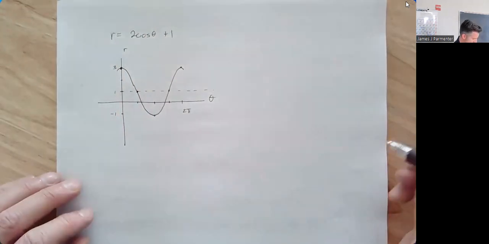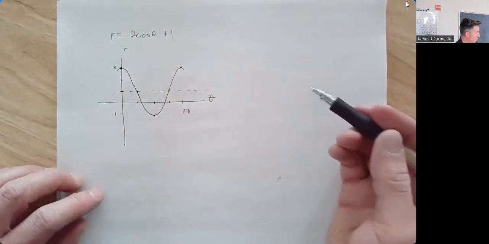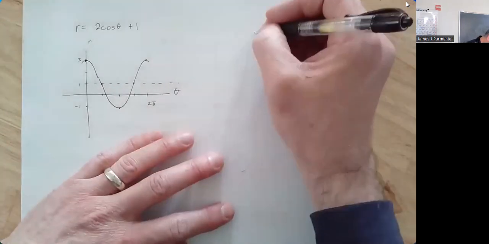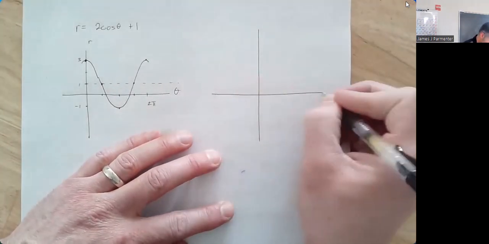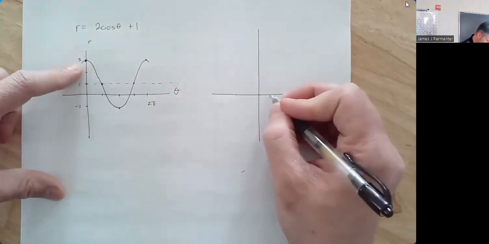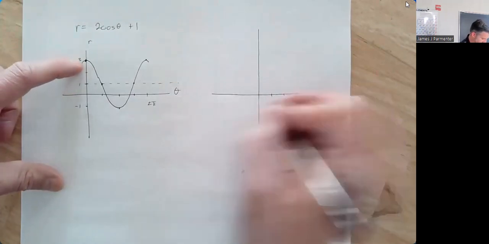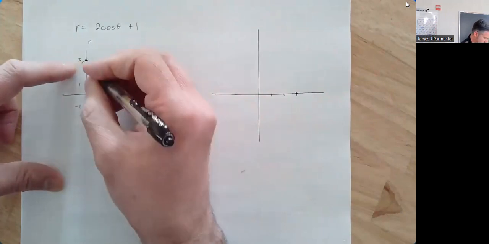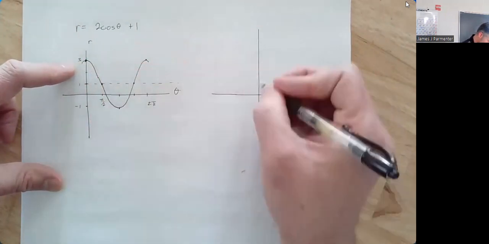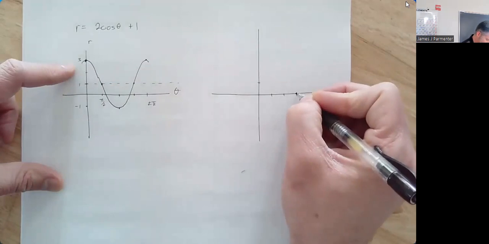So what we can then do is take that and translate that to a polar coordinate situation. We're saying, okay, well, when theta is 0, I'm getting a value of 3. And then as I go from 0 to pi over 2, I go from 3 to 1. So 3, and then smaller, smaller, smaller.